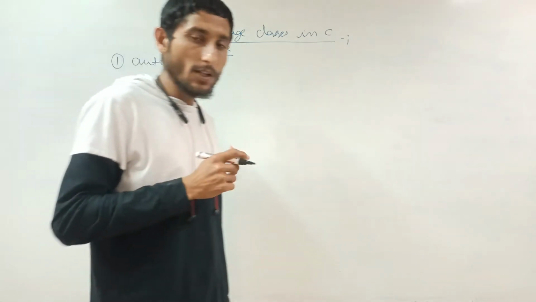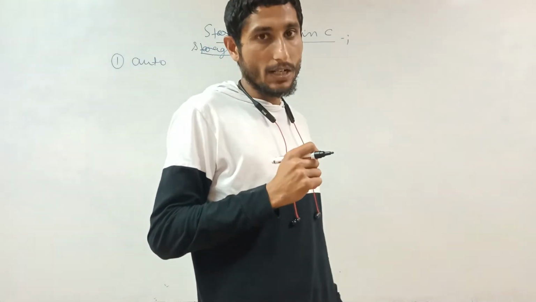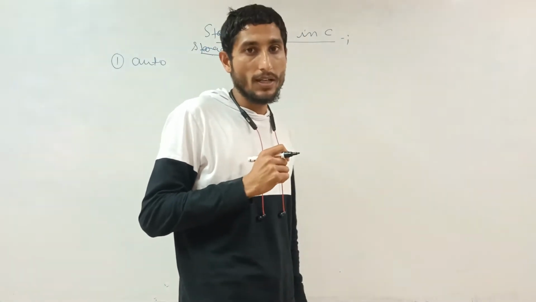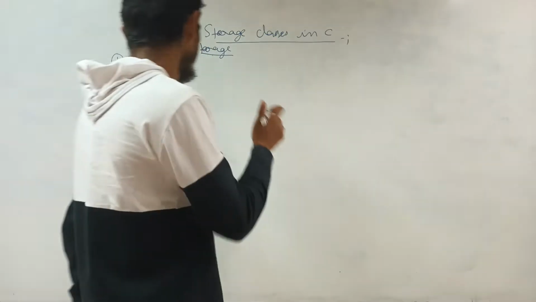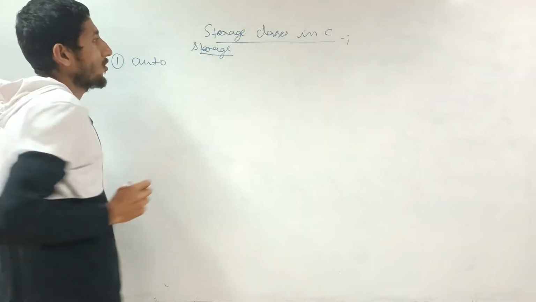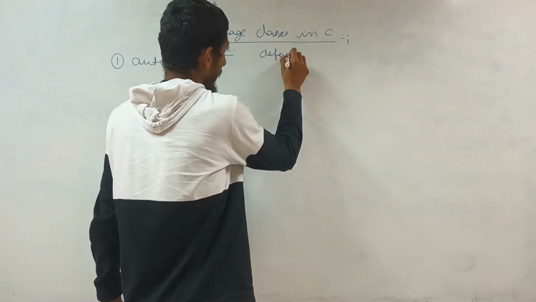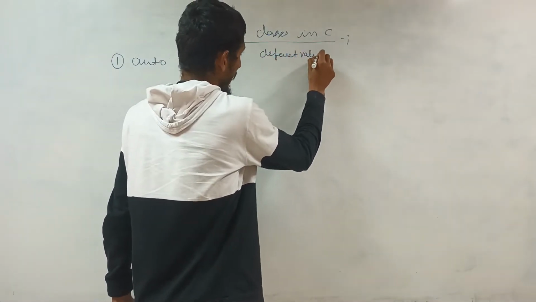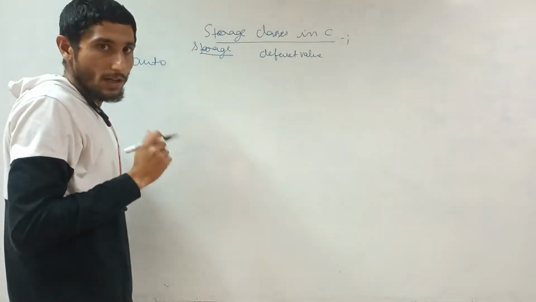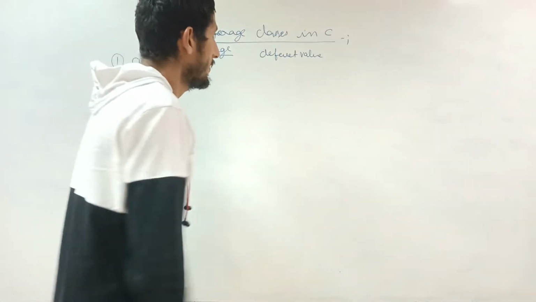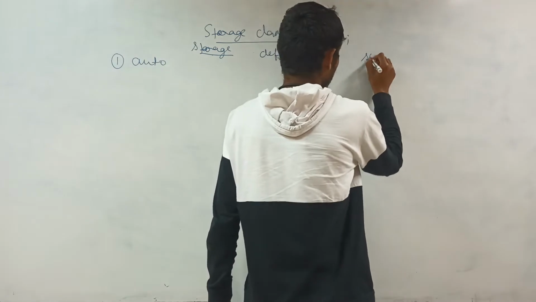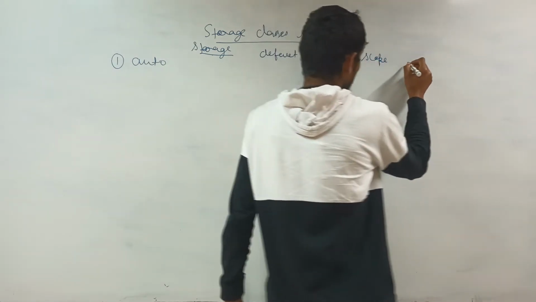Whenever you declare a variable, where will it be stored? That is the primary thing I want to concern, the storage. The second one is the default value. So what is the default value of the particular variable? The third one is scope. The fourth one is lifetime.